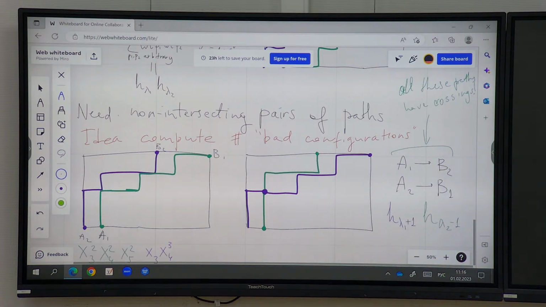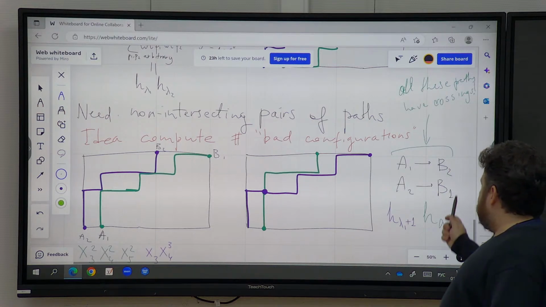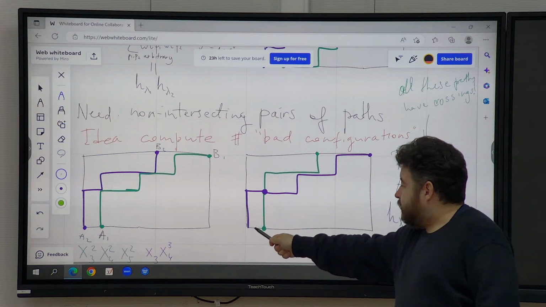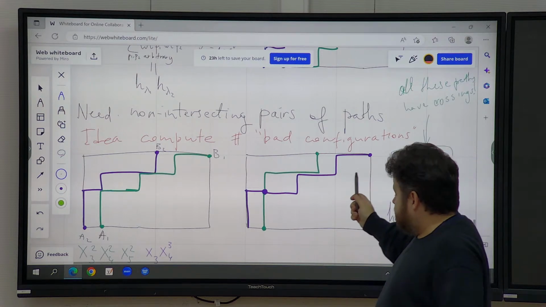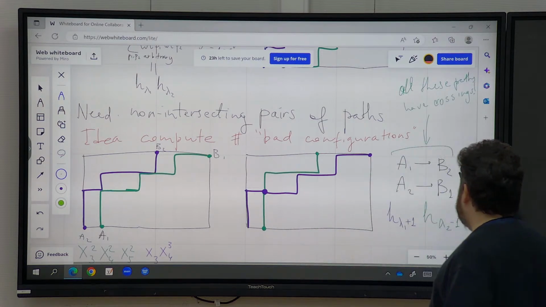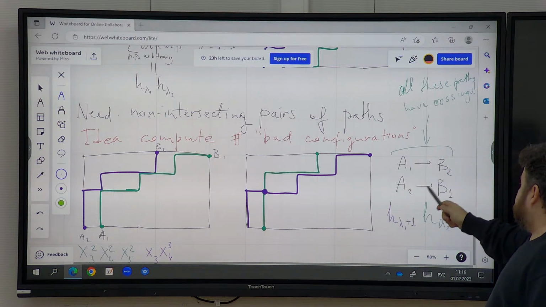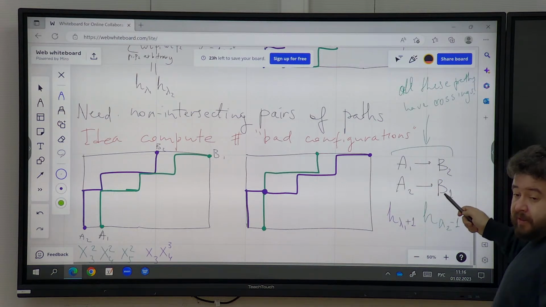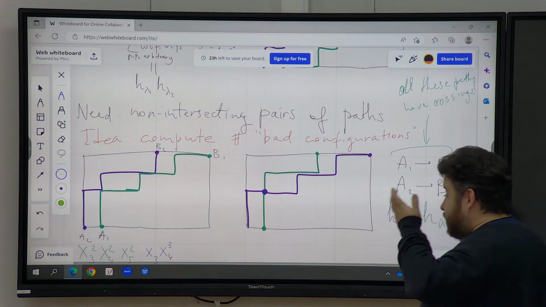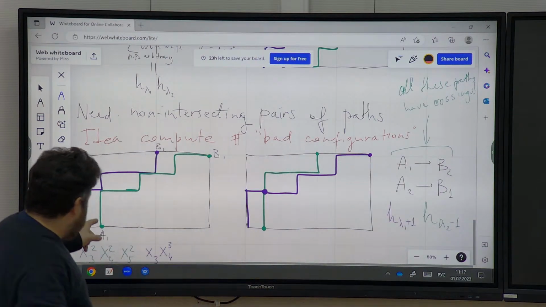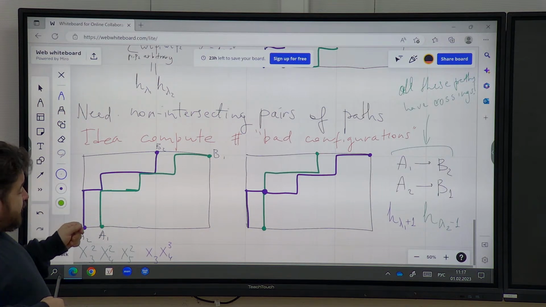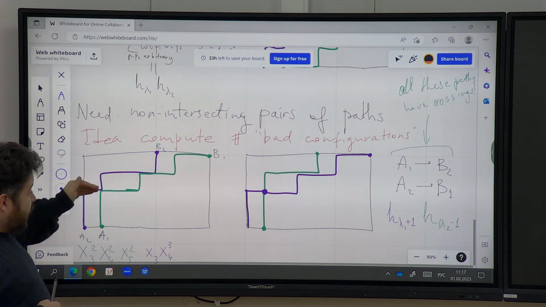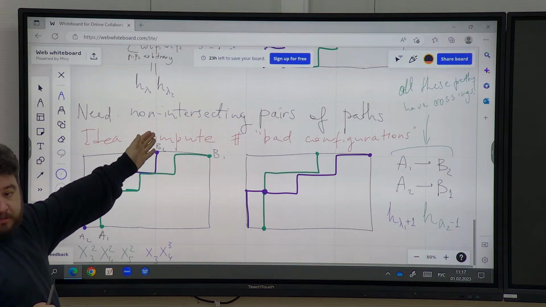And you see that this is a bijection between arbitrary pairs of paths joining A1, A2 with B2, B1 in the wrong order, and those pairs of paths that have a crossing somewhere. Moreover, you go along the same horizontal segments.